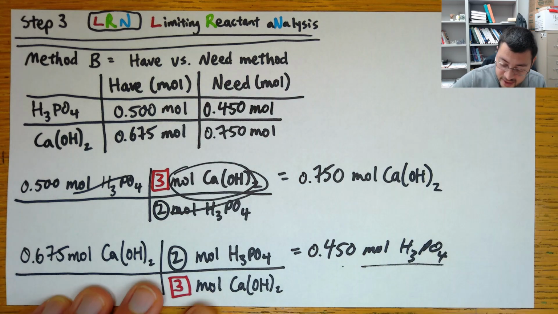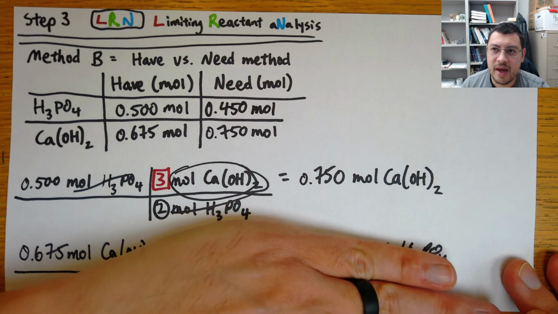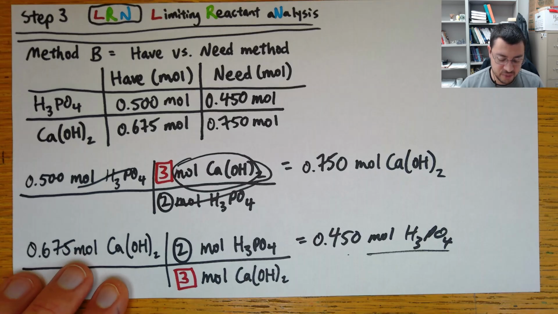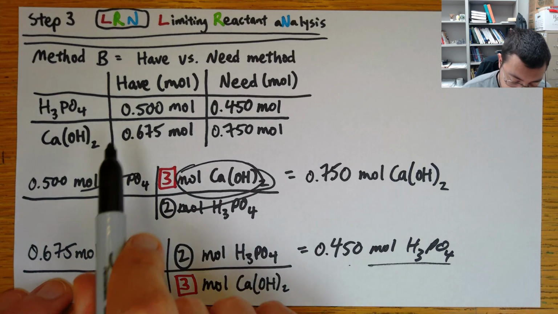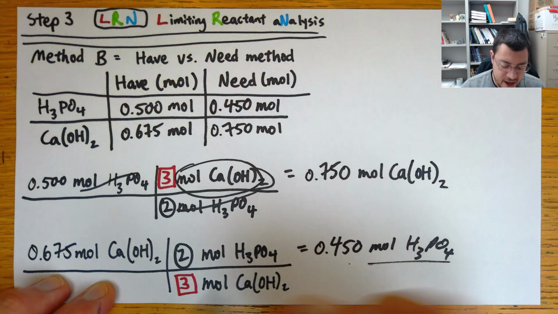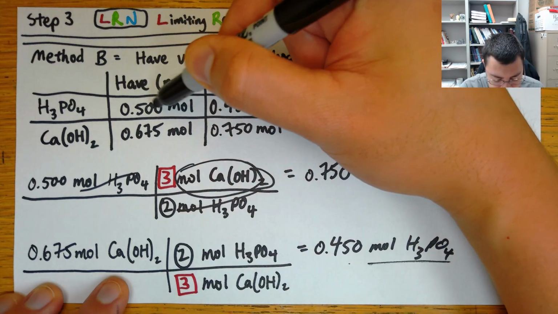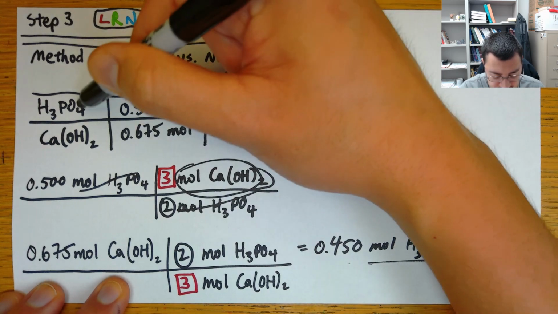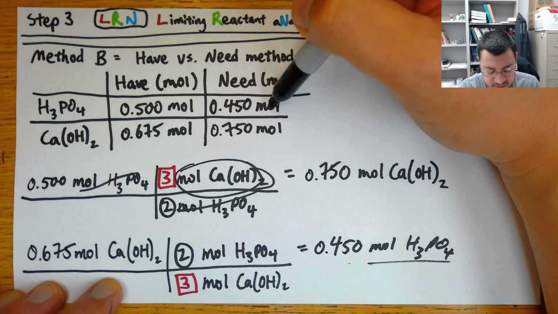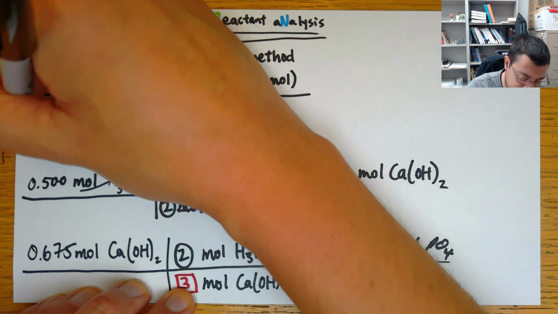Okay, we did the calculations. Technically speaking, you only have to do one of them, but I encourage you to do both because you get peace of mind from double checking your work. Now we can compare going across to see if we have enough. We have half a mole of phosphoric, 0.500. We only need 0.450 moles to fully react the calcium hydroxide, so this is an excess reagent.